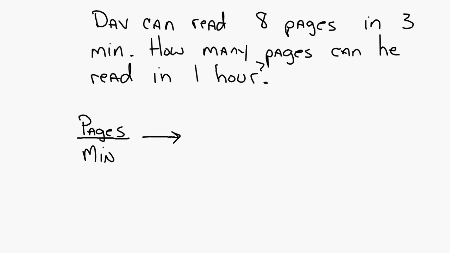He can read 8 pages in 3 minutes. So 8 over 3, and you set that equal to, how many pages can he read in 1 hour? That would be P over. Now, since the first time number was in minutes, the 3, you have to set the hour in minutes. So it's P over 60.